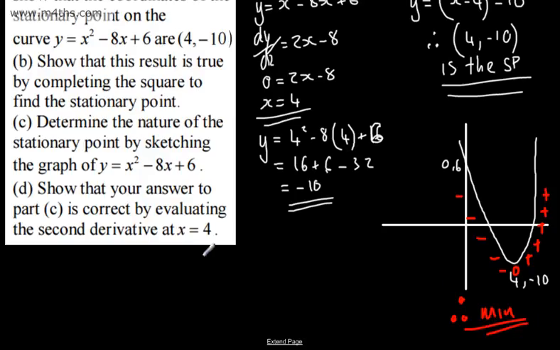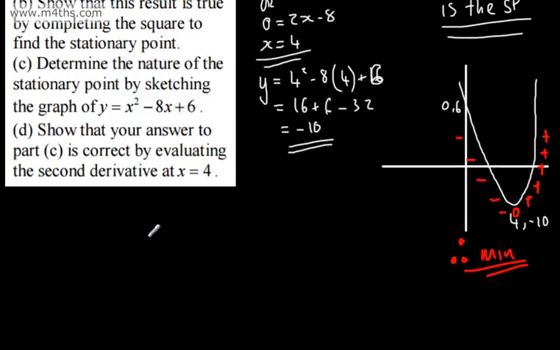In part D, we need to show that our answer to part C is correct by evaluating the second derivative at x is equal to positive 4. We've got that y is equal to x squared minus 8x plus 6.